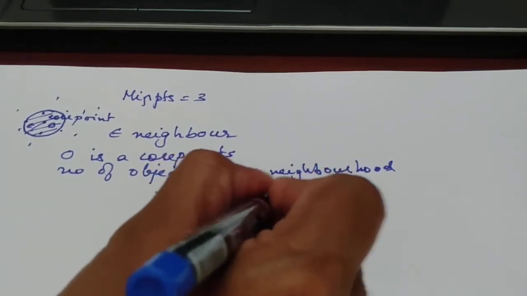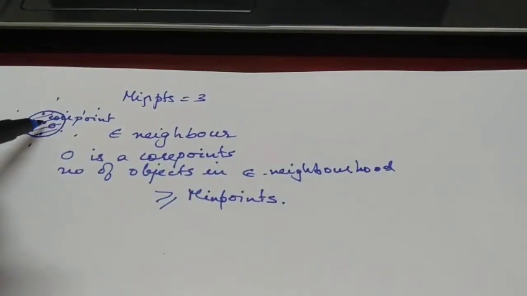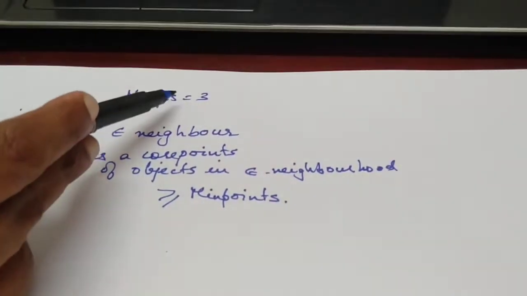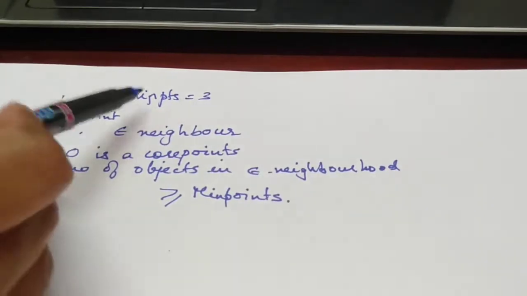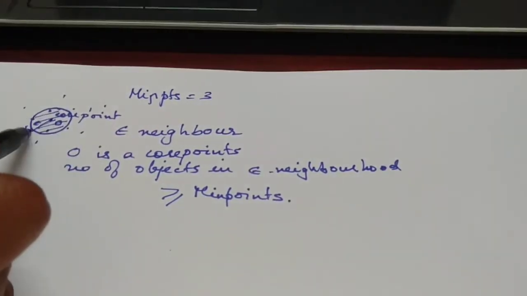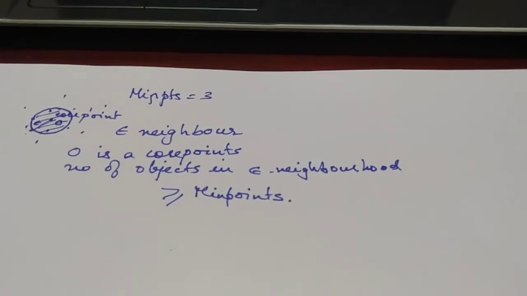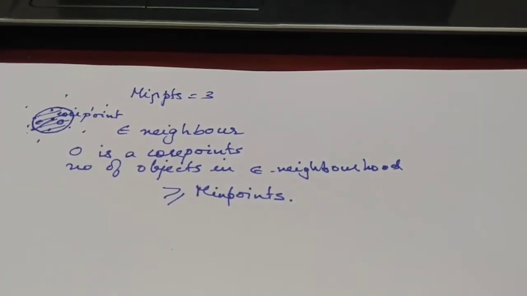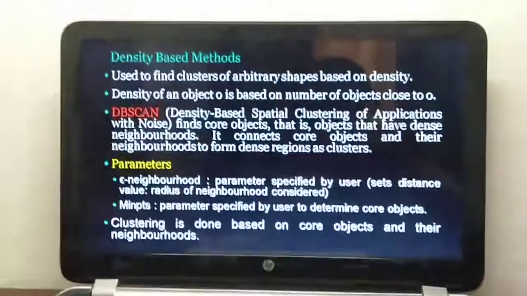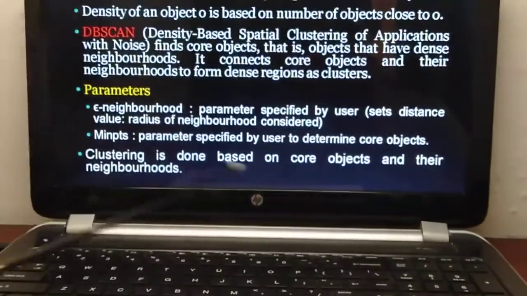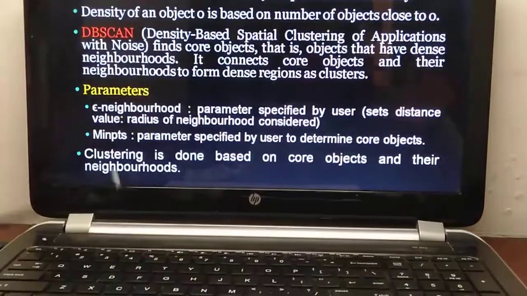So in this particular case, O is a core object because in its neighborhood there are 5 elements which is greater than 3. This is what we have. These are the two parameters. One is the epsilon neighborhood and the other is the min points to determine whether a particular point is a core object. So clustering is done based on core objects and their neighborhoods.